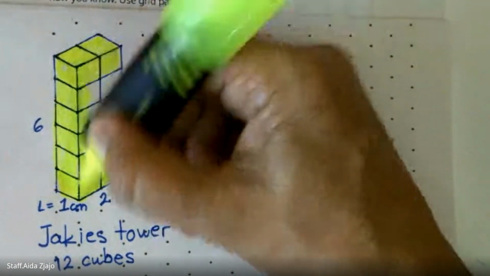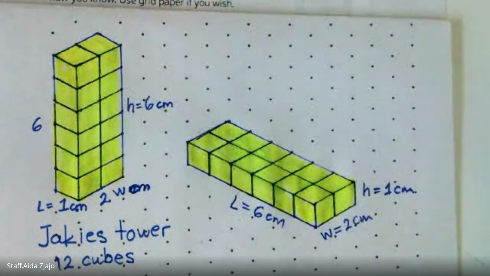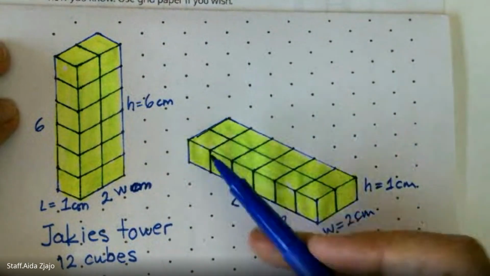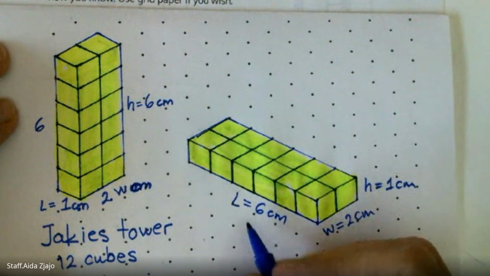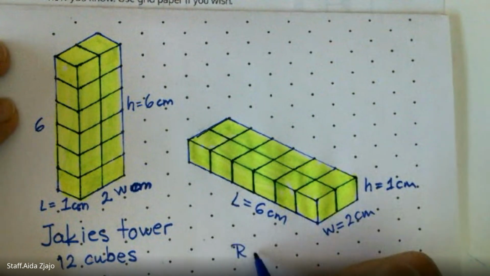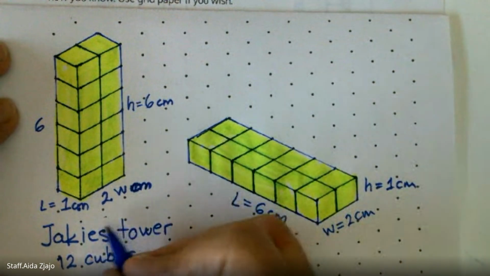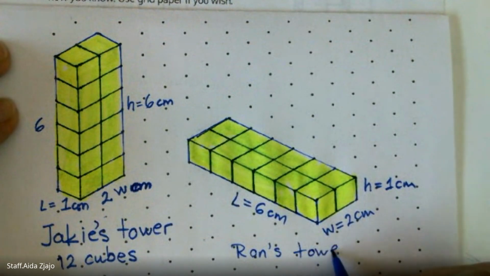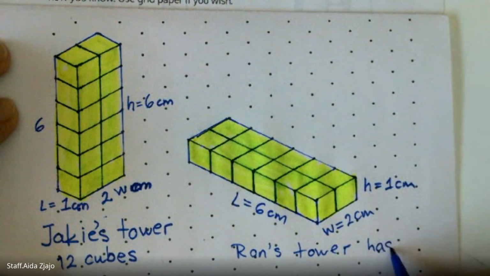If I connect and highlight this, this has 12 cubes, which is volume 12. And this one is also 12. 2, 4, 6, 8, 10, 12. So this was Ron's tower, and it has 12 cubes also.